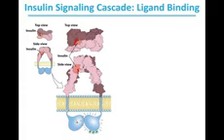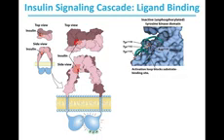How do these beta subunits get activated? It so happens that one of the beta subunits gets phosphorylated by the other beta subunit, and it is the beta subunits that have the enzymatic activity.